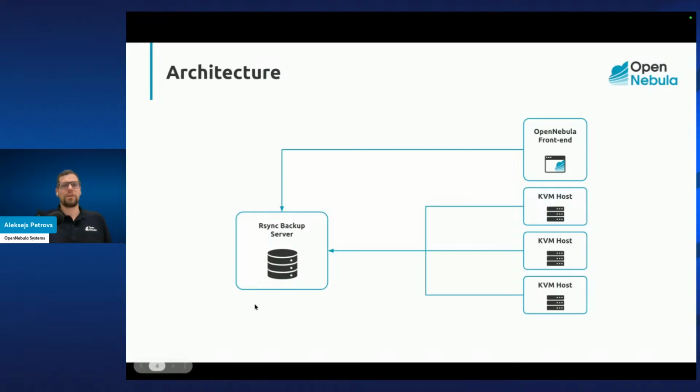So the architecture is pretty much simple, right? As you can see, we don't have any additional server that somehow needs to be installed, or any additional software, any other third-party control point. Nothing's there. What you need is the OpenNebula front end and a KVM host, obviously, because you would like to run some VMs.